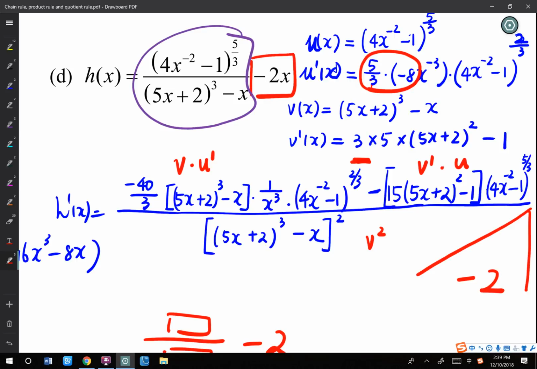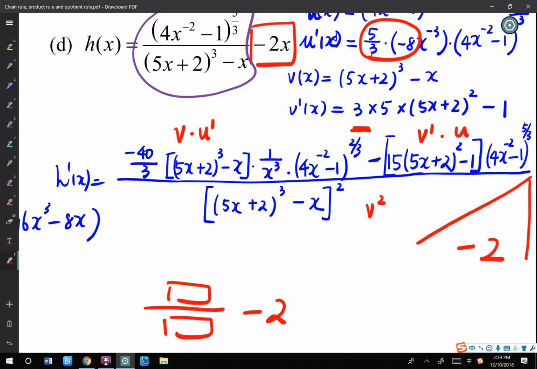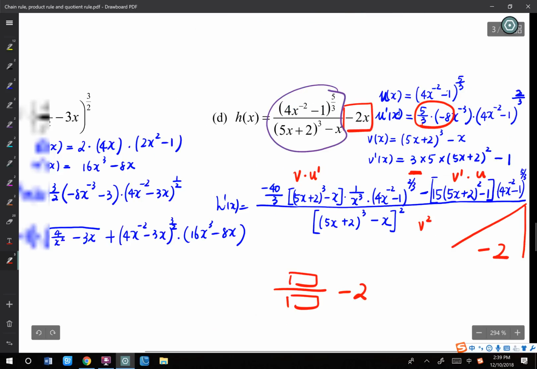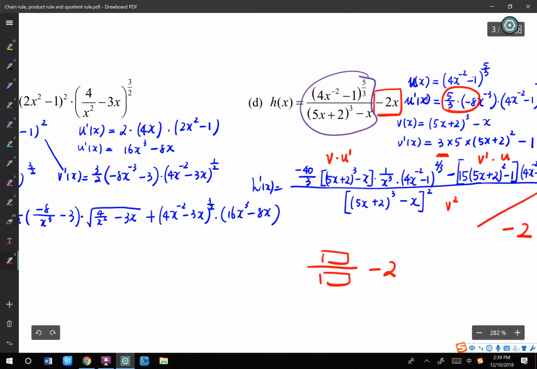Not very exciting to rearrange it, because it's too messy. This one is just for you to practice how to do quotient rule. I'm not really expecting a nice answer. I just gave random numbers. I want you to practice quotient rule, so I'm just talking about the method.